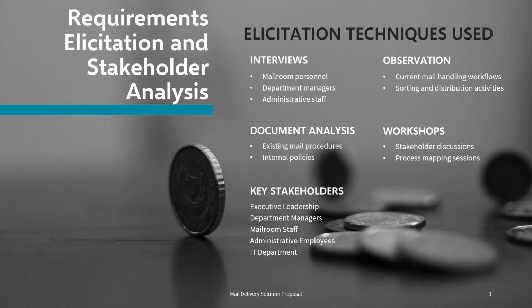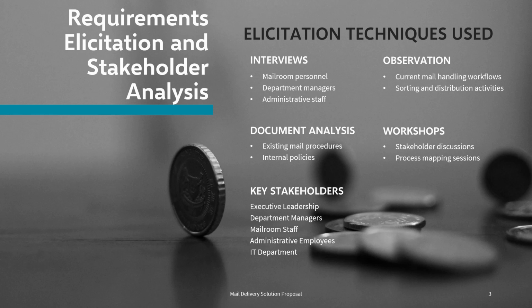Understanding stakeholder needs was critical to developing an effective solution. Several elicitation techniques were used throughout this project to gather information and validate requirements. First, interviews were conducted with mailroom personnel, department managers, administrative staff, and end users involved in receiving and distributing mail.